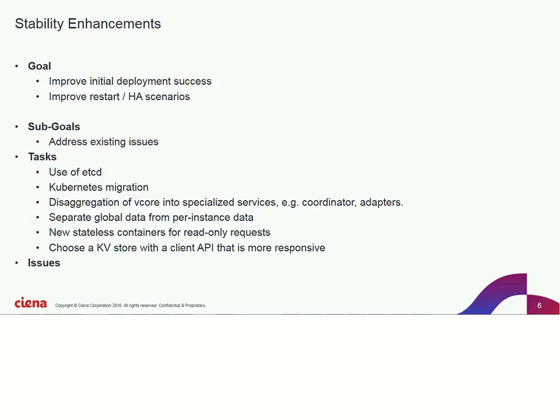There's a question again. Dinasti? Hi. Let me try to make some general observations. The three bullet items, starting with the disaggregation of vCore into specialized services, separating global data from per-instance data, and new stateless containers for read-only requests. By breaking the vCore into specialized services, this is kind of heading towards the microservices model.